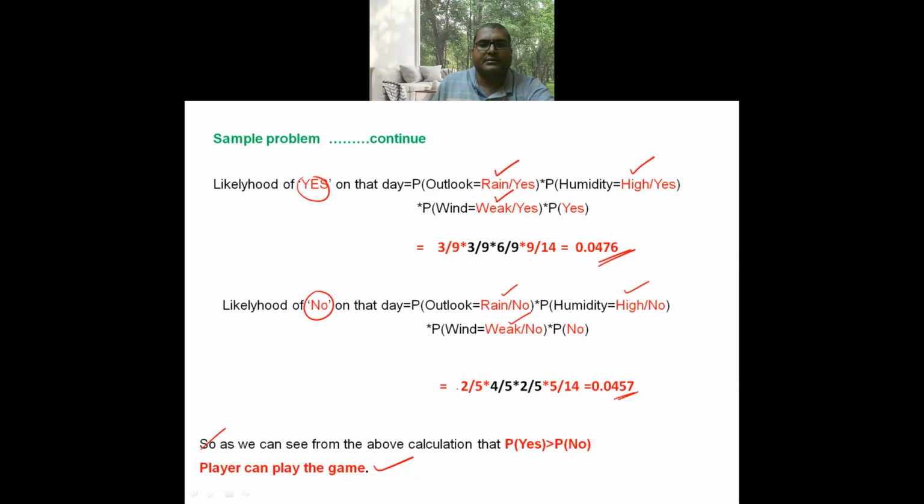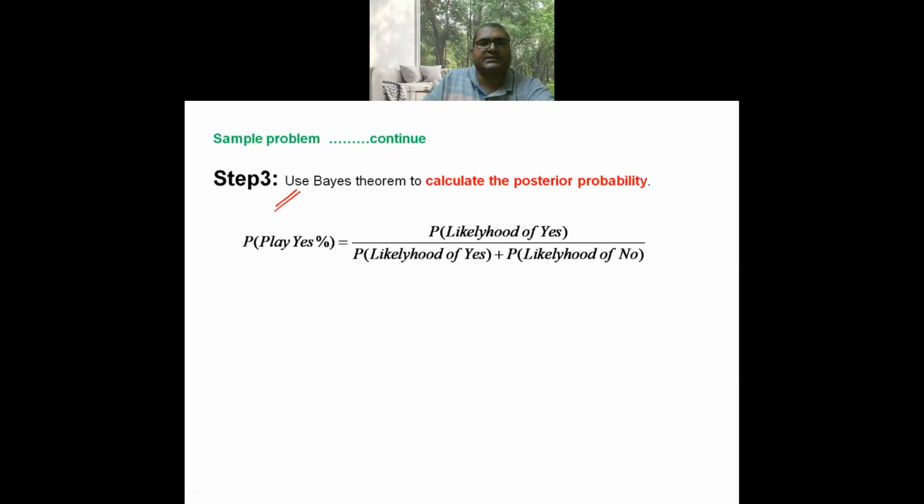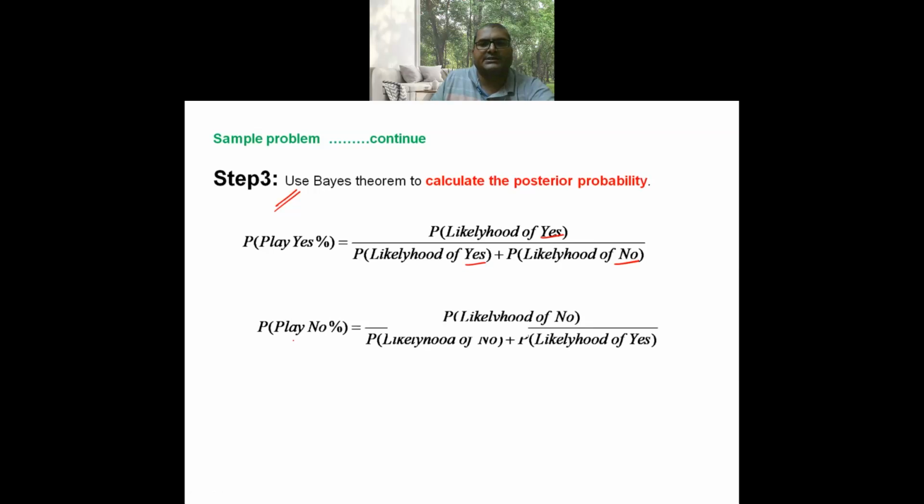Here we need to calculate the posterior probability. The posterior probability of play yes percentage is equal to the probability of yes divided by probability of yes plus probability of no. And the posterior probability of no is probability of no divided by probability of no plus probability of yes.